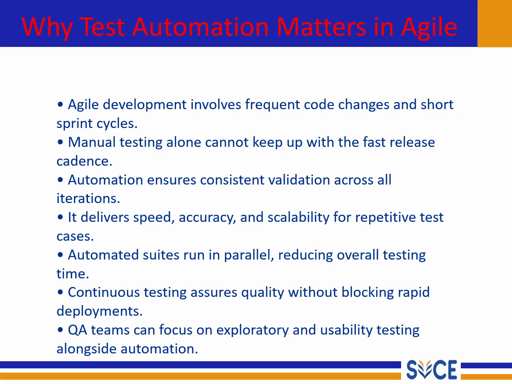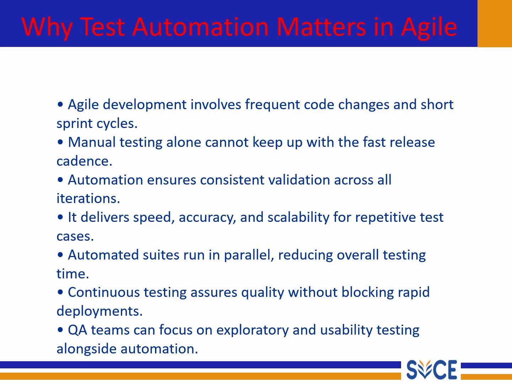Agile development involves frequent code changes and short sprint cycles. Manual testing alone cannot keep up with the fast release cadence. Automation ensures consistent validation across all iterations. It delivers speed, accuracy, and scalability for repetitive test cases.